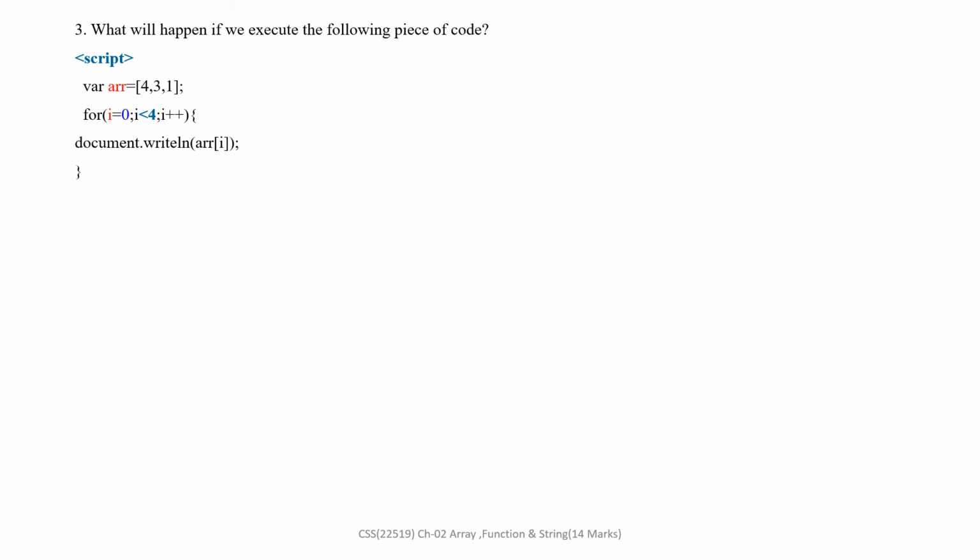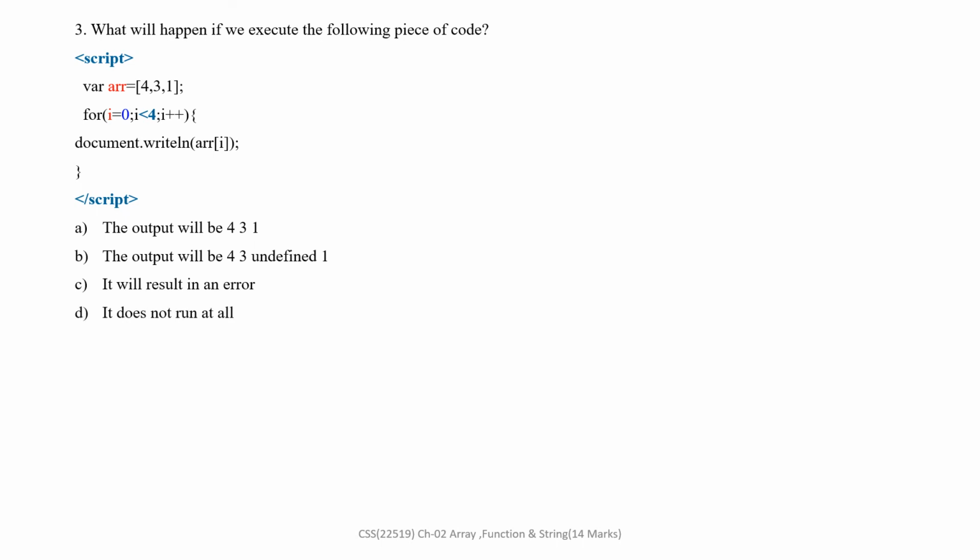Now we will see the next MCQ. What will happen if we execute the following piece of code? The code is: script, arr means array is equal to 431, for i equal to 0, i less than 4, i plus plus, and document.writeln array of i, and script ending.